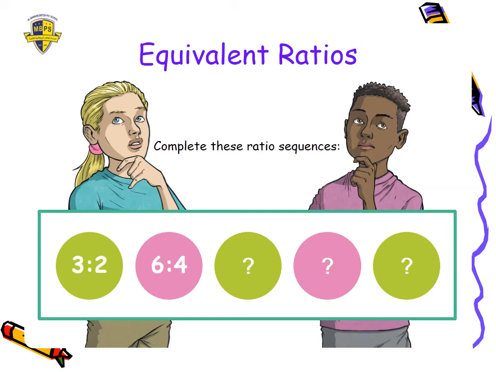Here is another ratio, 3 to 2. First we multiply it by 2. 3 by 2 equals 6. 2 by 2 equals 4. Now if I ask you to write the third equivalent ratio, the third equivalent ratio means you have to multiply it by 3.